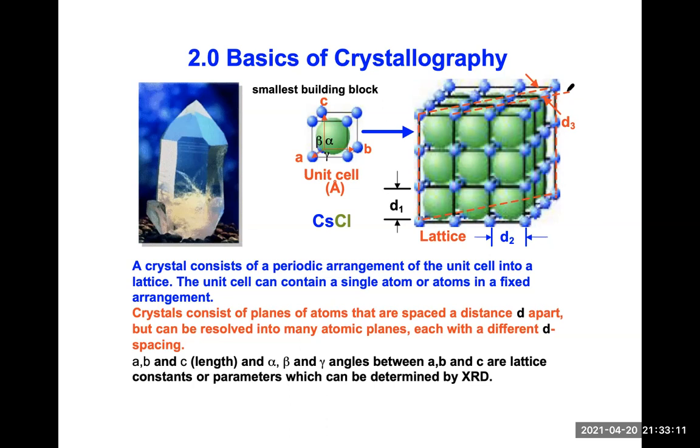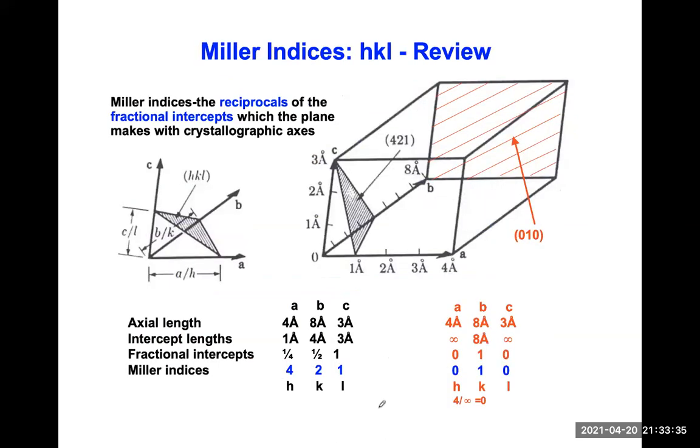And those two planes would be at a completely other distance apart. And there are other planes that we could consider. A, B, C, and the angles that we use to represent them are lattice parameters, which can be determined by the diffraction of X-rays from the crystal.